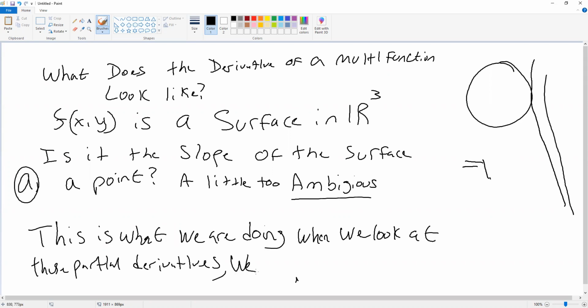We need to know the direction. If we don't know which direction we're going to look at, then there's no point in even looking at that. Any questions about that? Easy concept, a little hard to put into words, but I think it's pretty.